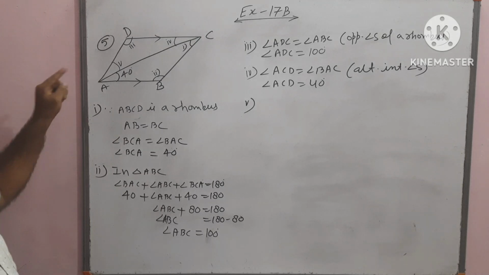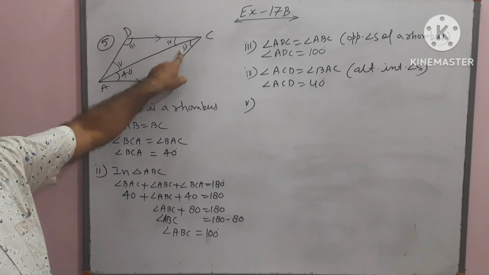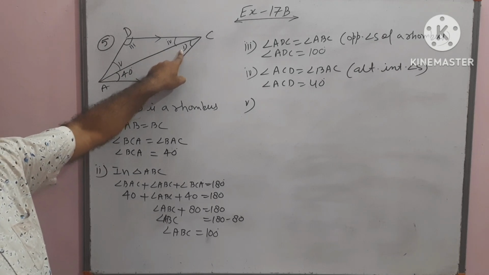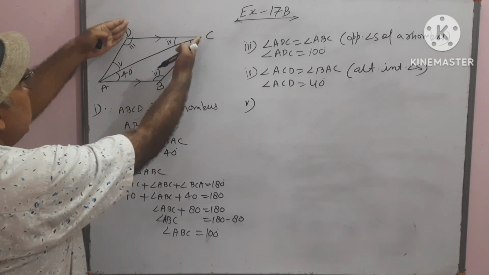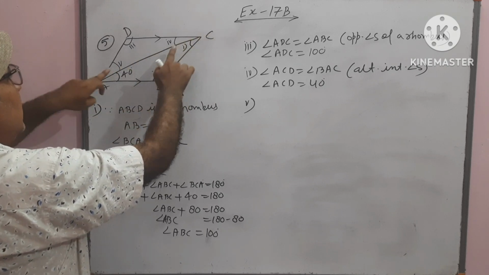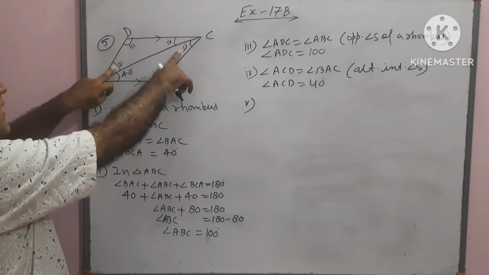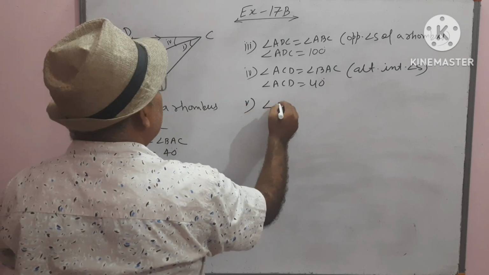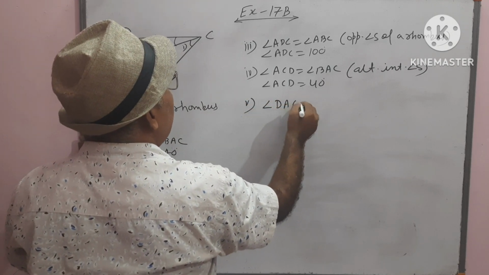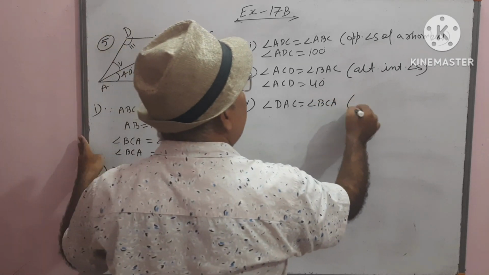That means angle ACD is also 40 degrees. Okay. Now coming to the last angle, phi. Watch carefully. This angle and this angle. Are you watching? AD and BC are parallel and AC is transversal. Again these two angles are making alternate interior angles. That means angle DAC is equal to angle BCA.